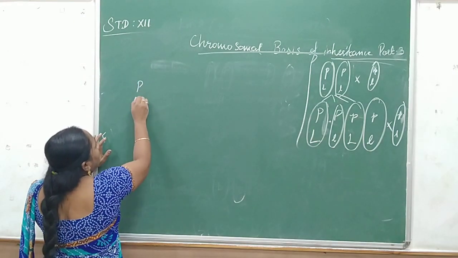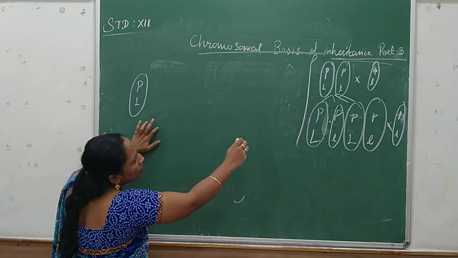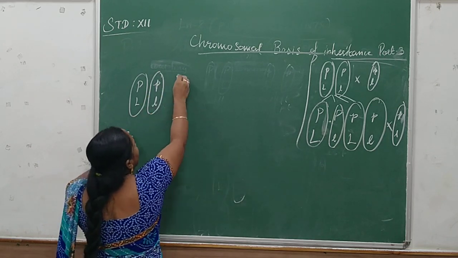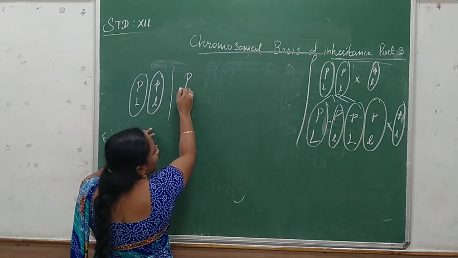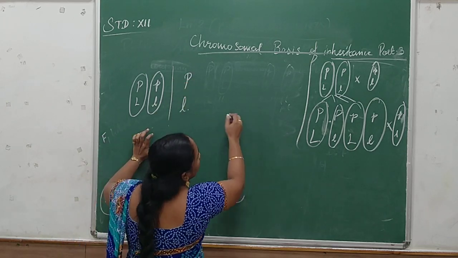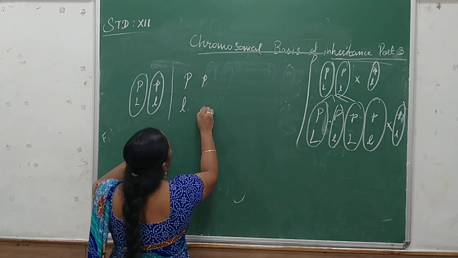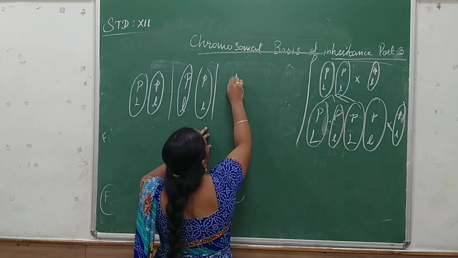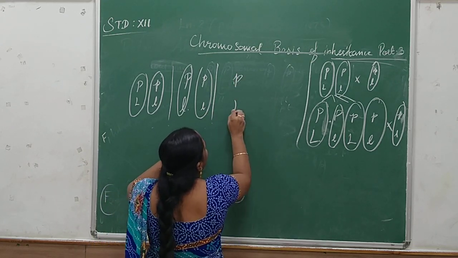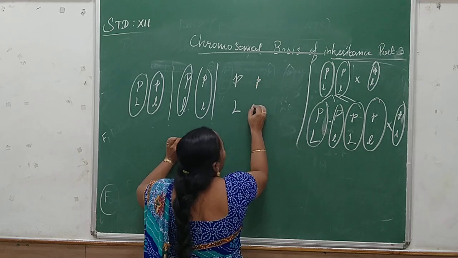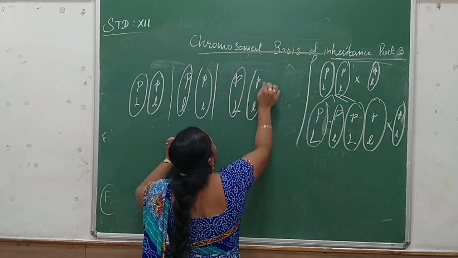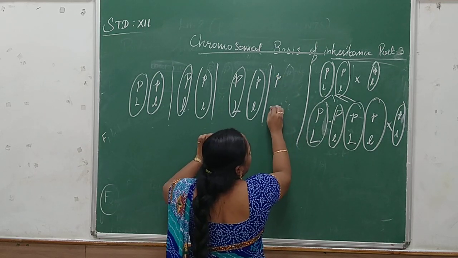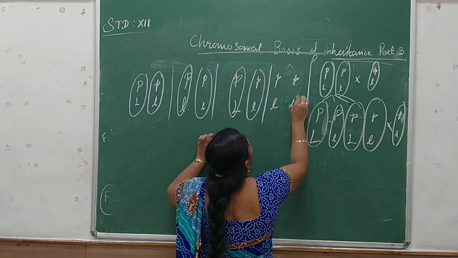We will be getting capital P, capital L, small p, small l; then capital P, small l, small p, small l; next, small p, capital L, small p, small l; and next, small p, small l, small p, small l.